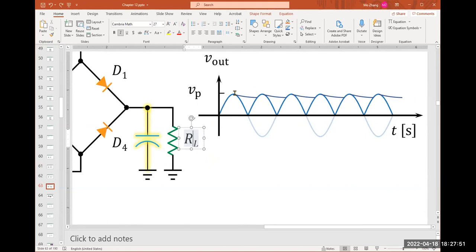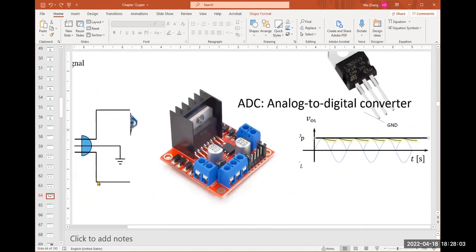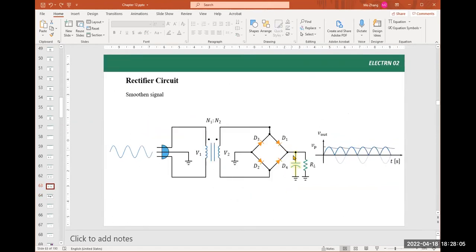So it goes up and it gradually goes down, goes up, gradually goes down. So this is the waveform. And if you compare that to horizontal line, oh, pretty close. And so adding a capacitor, we can smooth this waveform. This is one application of using capacitor.